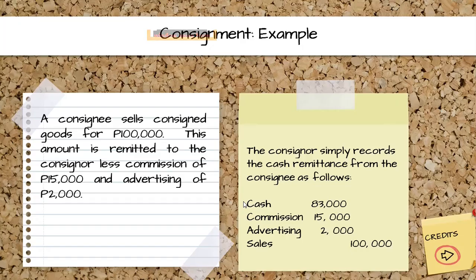So, since memo entry lang yan, it will be necessary for the consignor to maintain subsidiary ledger for various consignees. So again, take note, wala pang sale na nangyari, wala ka pang receivable unless nabenta na ng consignee ang goods.